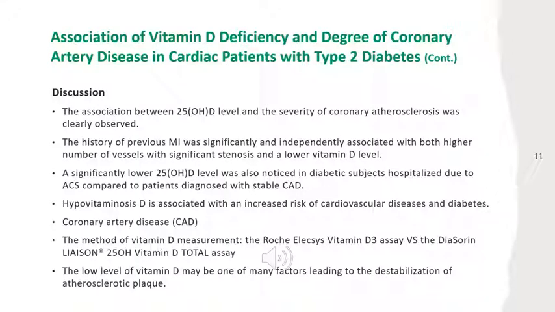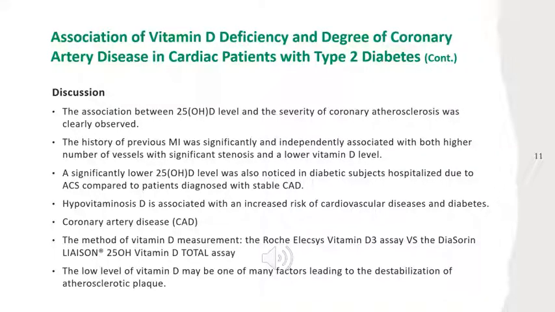Patients with an extreme form of coronary artery disease have the lowest values of 25-hydroxy vitamin D. The history of previous myocardial infarction was significantly and independently associated with both a higher number of vessels with significant stenosis and a lower vitamin D level.